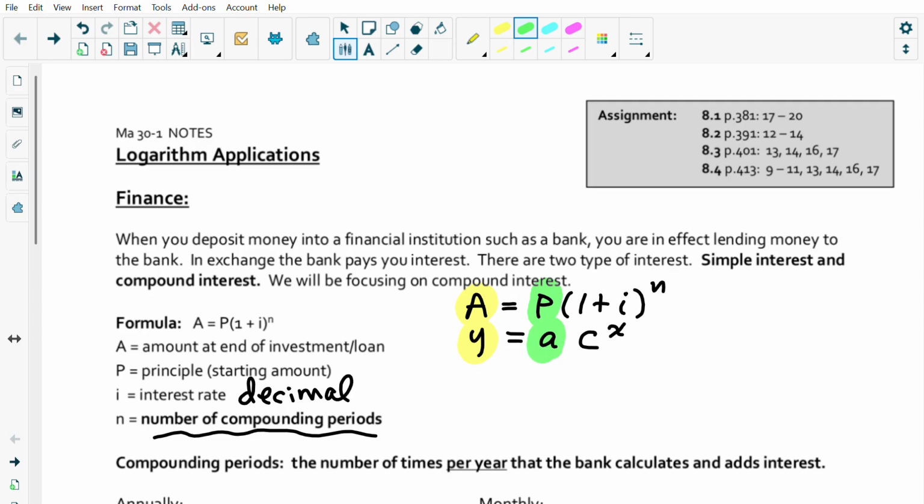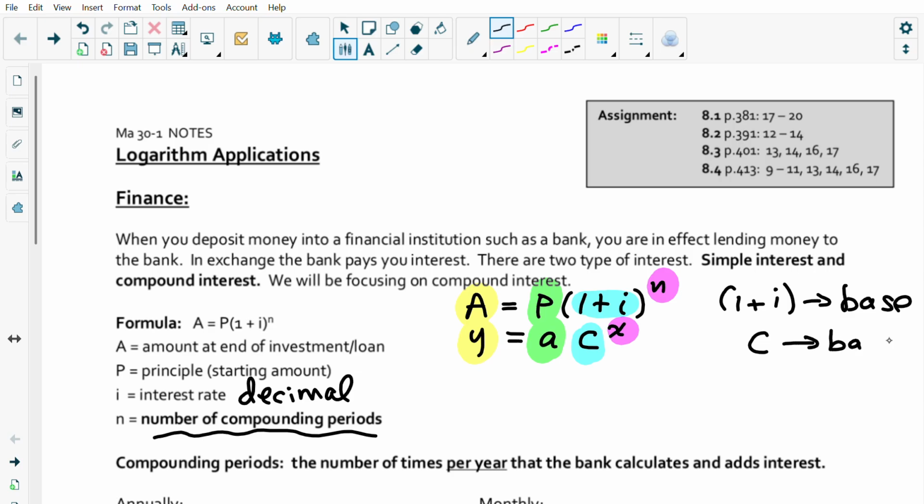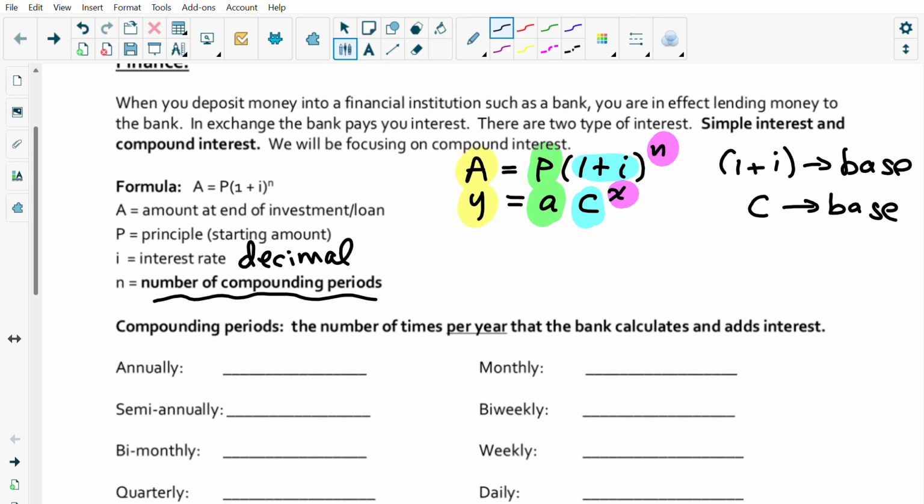P value, A value related. 1 plus i and c, that's the base, related. The exponent, n and x, related, right? We're just writing our exponential function in a different form to allow us to make finance calculations. This 1 plus i is the base of your exponential function. Here, c is the base of your exponential function. So you know where this comes from. It's just written in a different way.